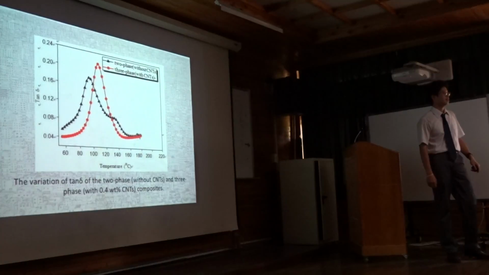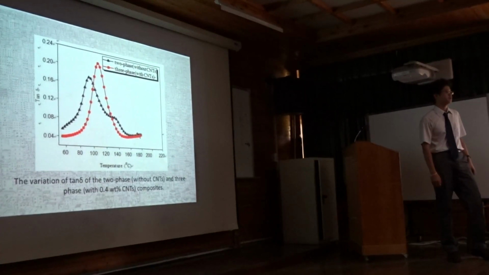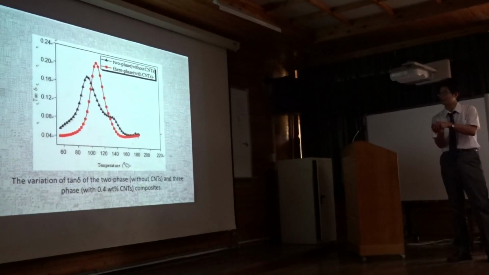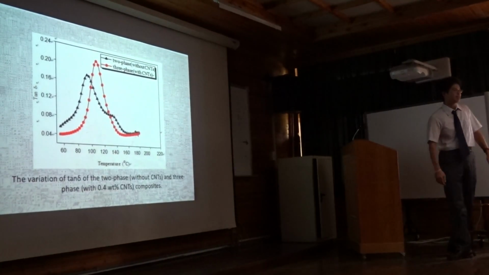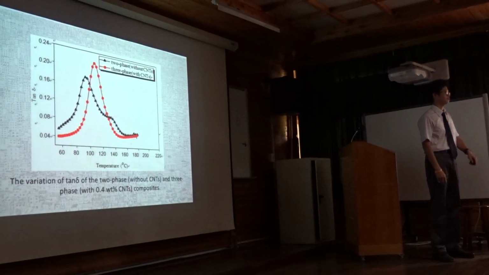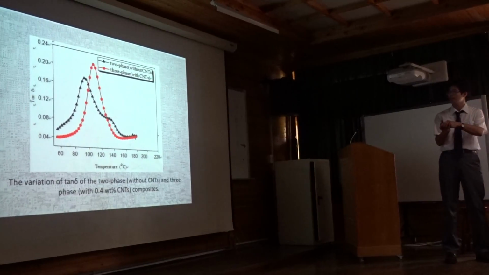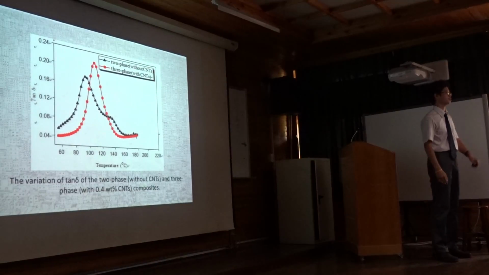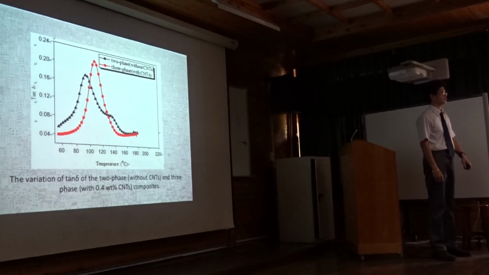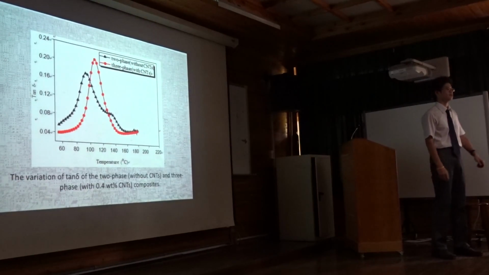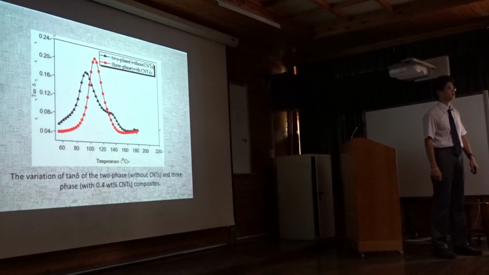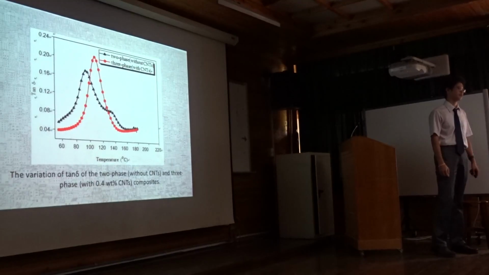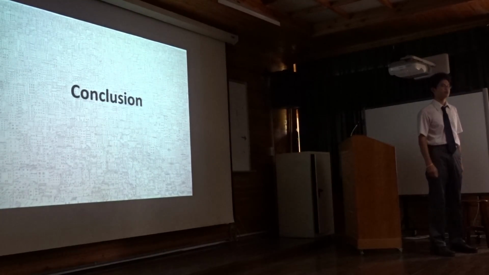It is noticed that the glass transition temperature of two-phase composite is 94.9 degrees, whereas the glass transition temperature of three-phase composite is increased by approximately 14 degrees. Both the increased storage modulus and glass transition temperature indicate the restricted mobility of resin molecules in the presence of the carbon nanotubes. The last part is conclusion.